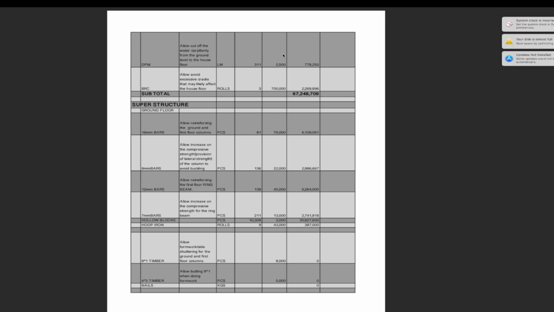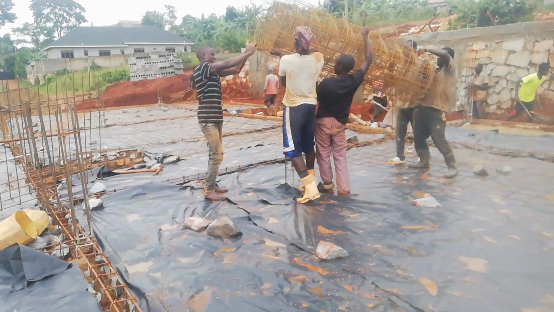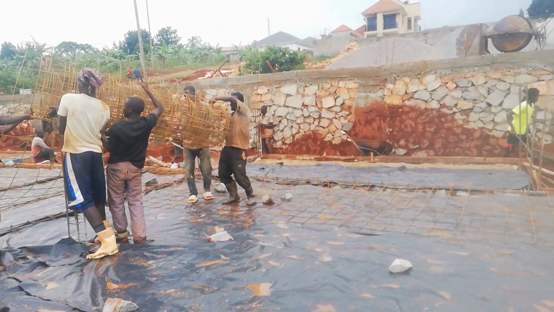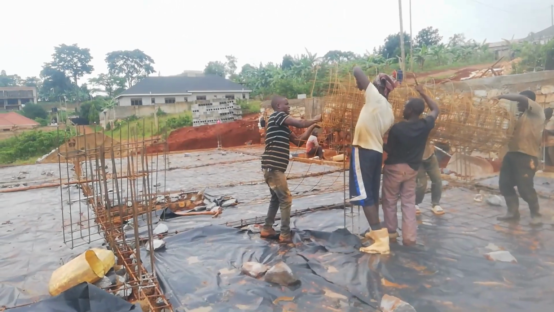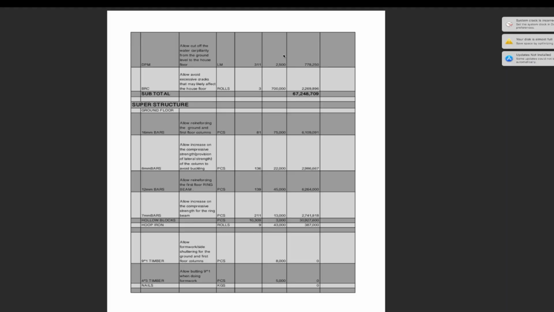We also bought BRC. Now BRC is also important because you won't have cracks affect the floor of your house if you place BRC. It is so important that you place BRC in the foundation of your house. So we bought 3 rolls.